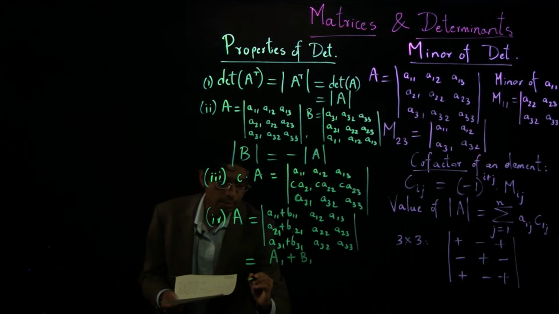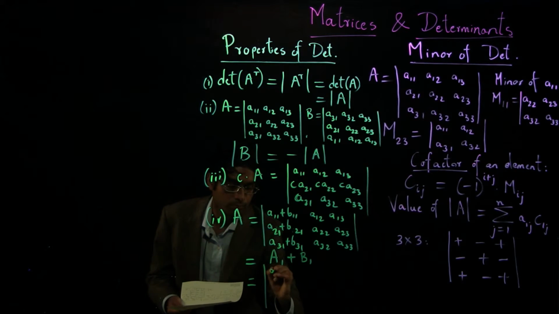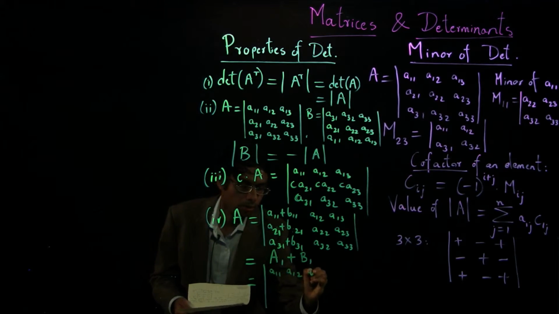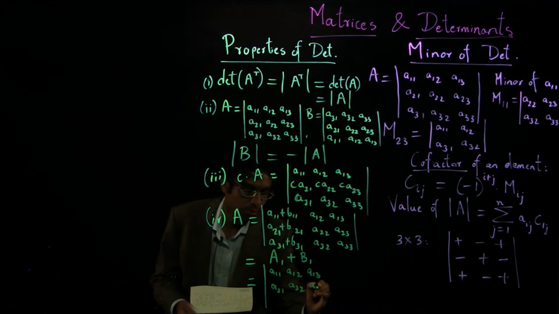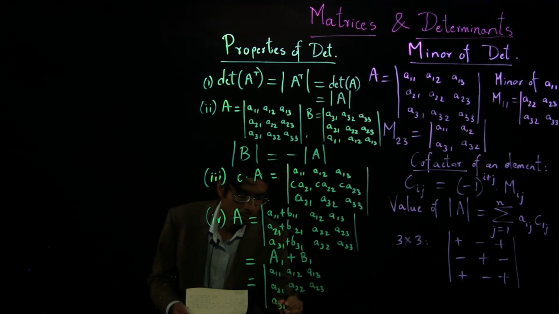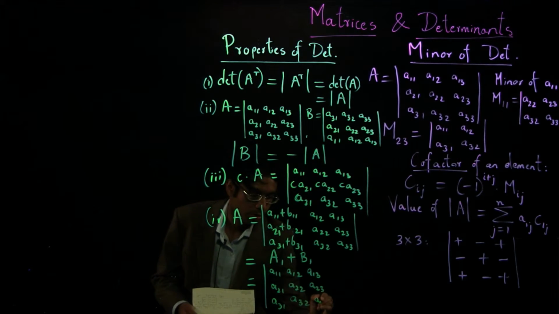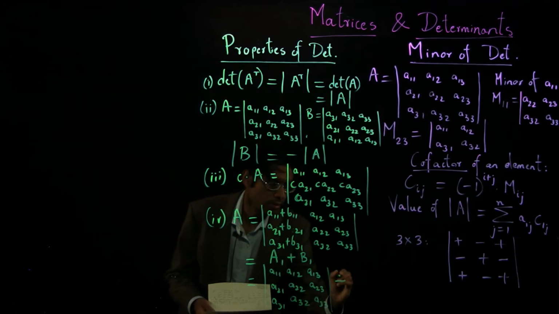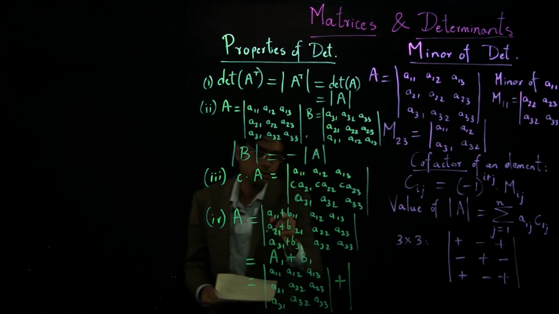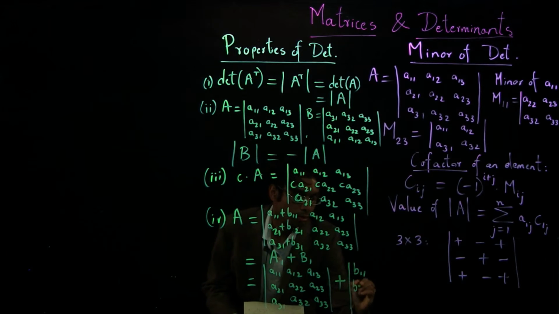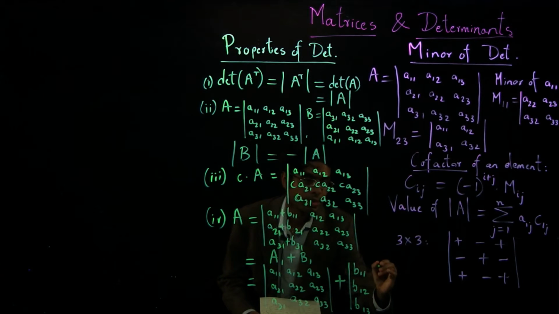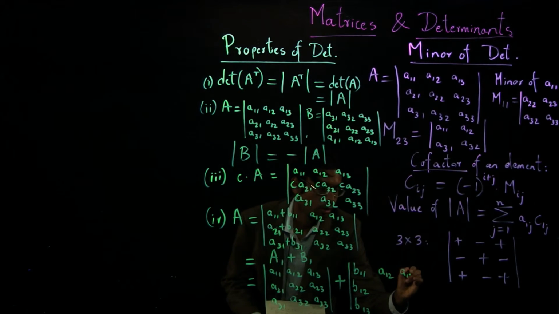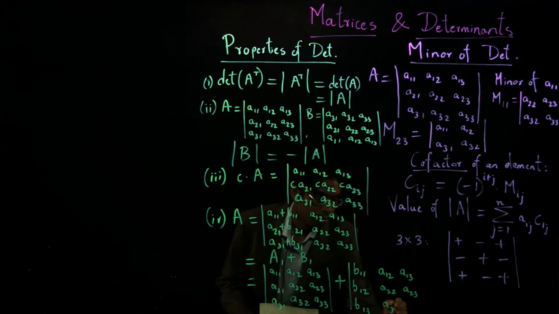As you can probably guess, A1 would be A11, A12, A13, A21, A22, A23, A31, A32, A33, plus the second component, which is B11, B12, B13, and these two columns are the same, so A12, A13, A22, A23, A32, A33.